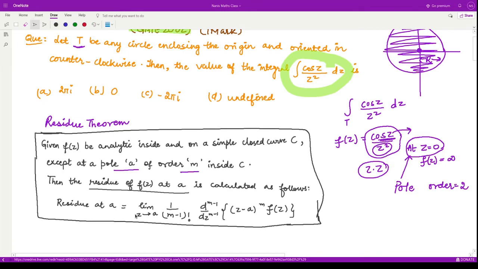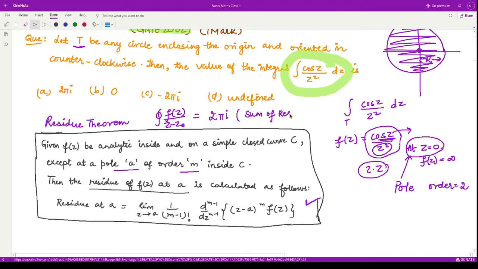For that case, we can calculate the residues using this formula. And the residue theorem says that the integration of the function f(z), suppose the singularity is at this point z0, is equivalent to 2 pi i multiplied by the sum of residues.